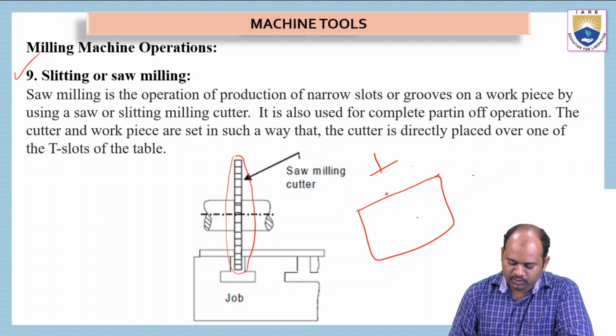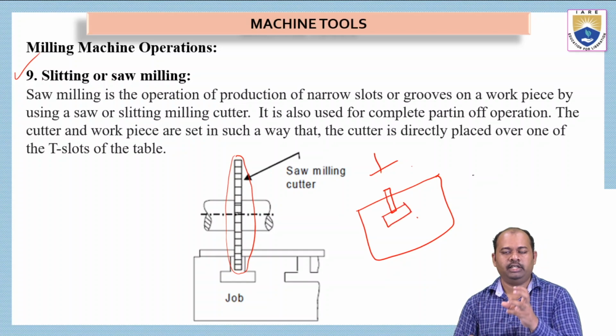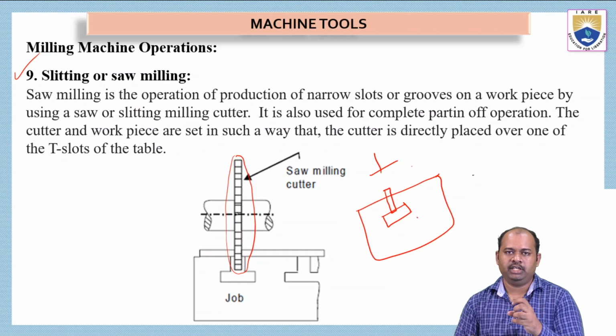I will initially groove a small T shape with the help of this slitting saw, and then after that I will do this process. This is how T slots can be easily done on this slotting or saw milling machine.